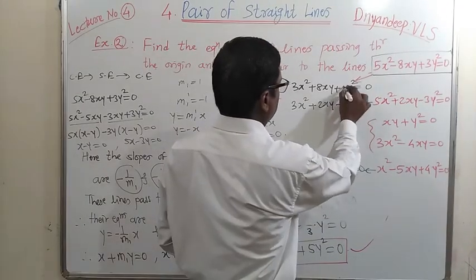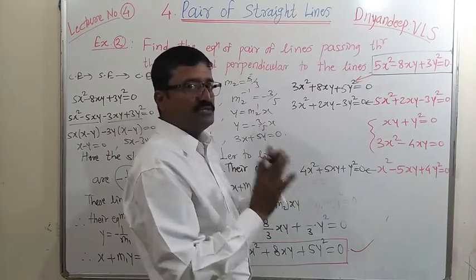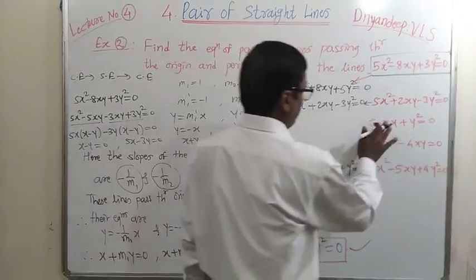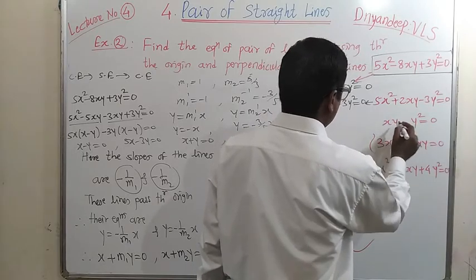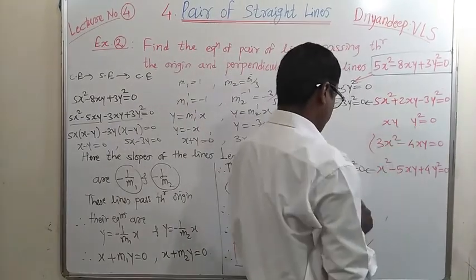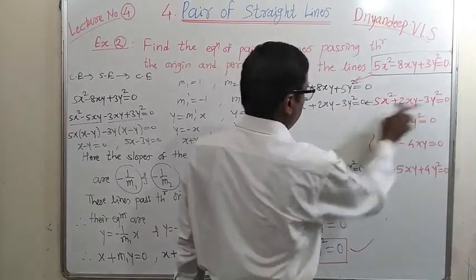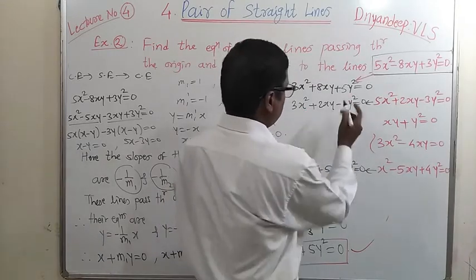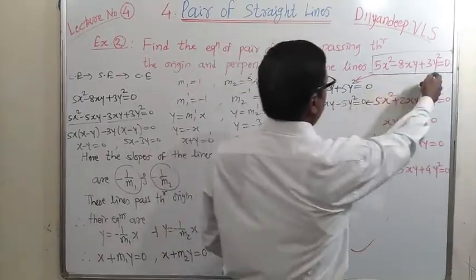So here is 5. What to do? First, change the numbers, the coefficients of x square and y square, without changing their sign. Here 3 and 5 are interchanged.